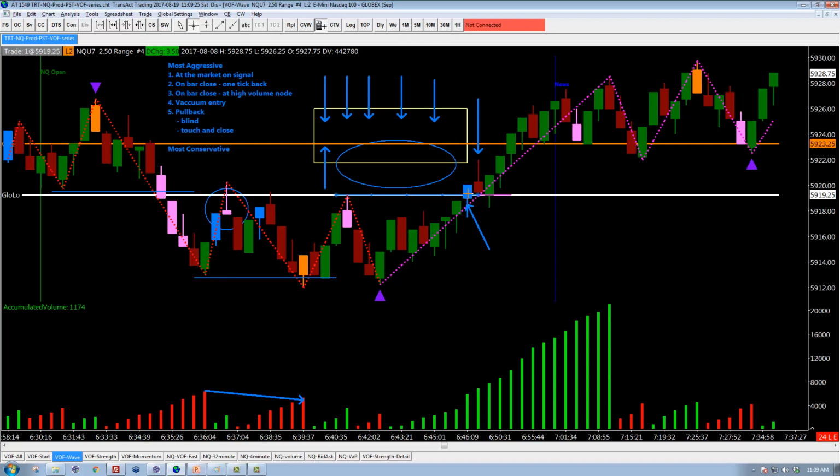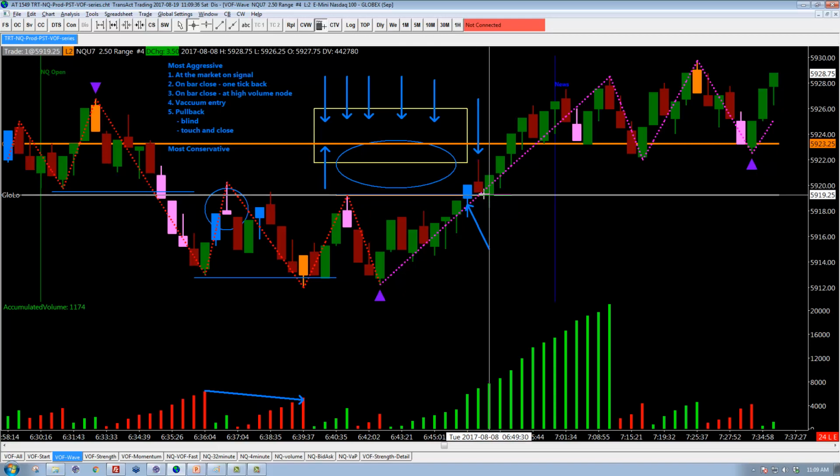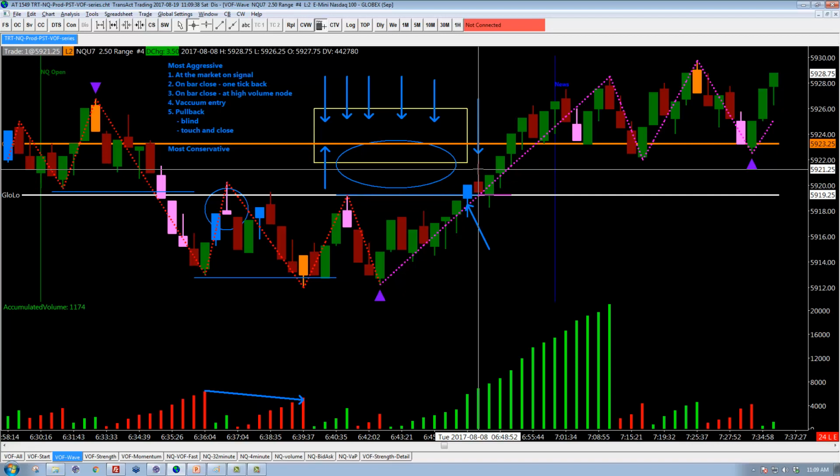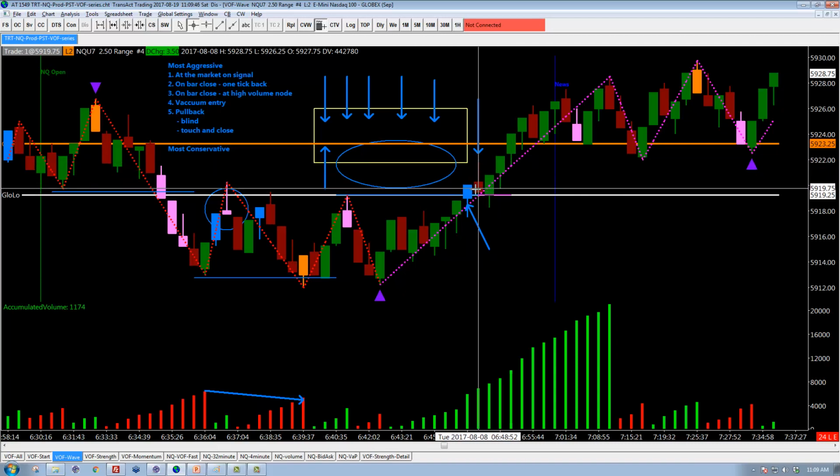As soon as this bar finishes drawing and I've got a clean break signal, this next bar starts drawing, and because it's a range bar, I know exactly how high that bar will be, and I just place an order one tick below where that bar would close if it closes down. All right, and I'll do that 2 times. So if this bar closes up, then I've missed it, right?